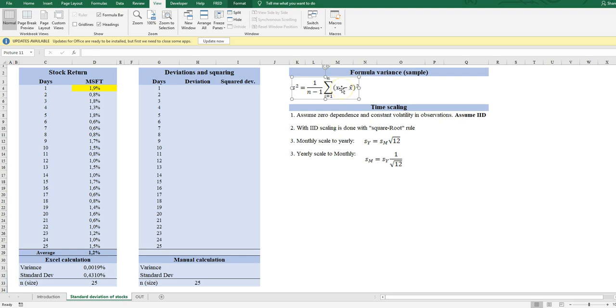We take the actual observation minus the average of the sample, denoted by X with a line above. I don't know what it's called in English, so I say a line above. And then we have to square it.